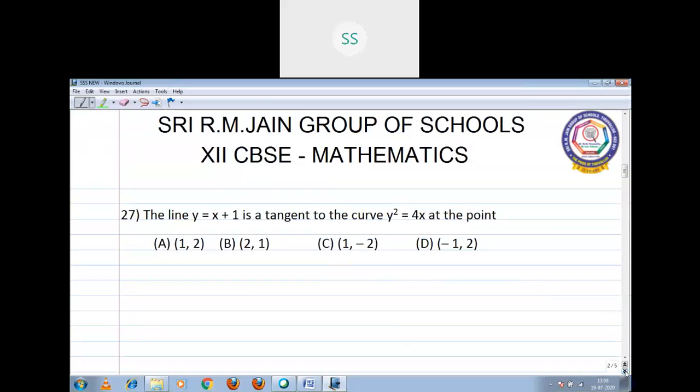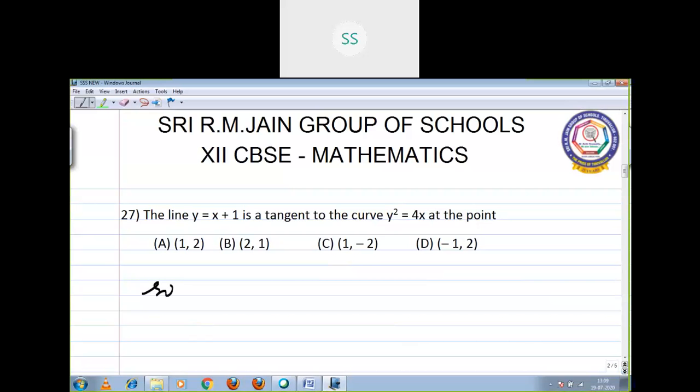Whenever the format comes like this, you have to keep it in your mind: slope of the line is equal to slope of the tangent to the curve. That means the line is parallel to the tangent to the curve. That is the meaning.